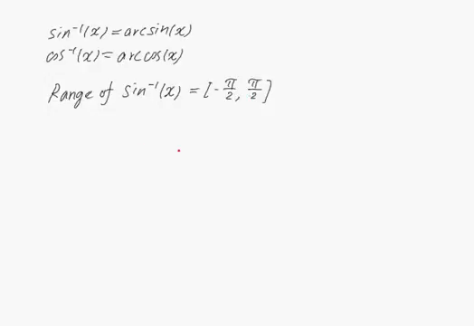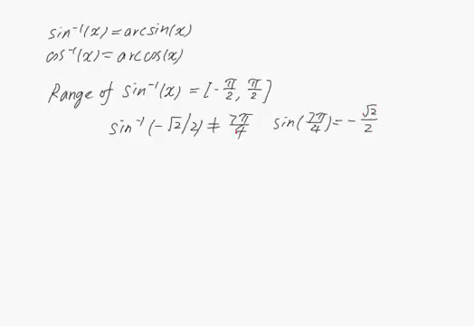Some students ask me why the inverse sine of negative root 2 over 2 is not equal to 7 pi over 4. We know the sine of 7 pi over 4 is really equal to negative root 2 over 2.